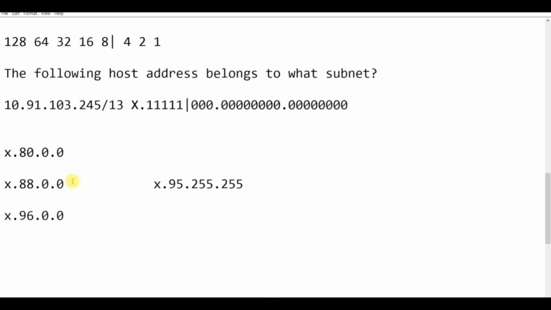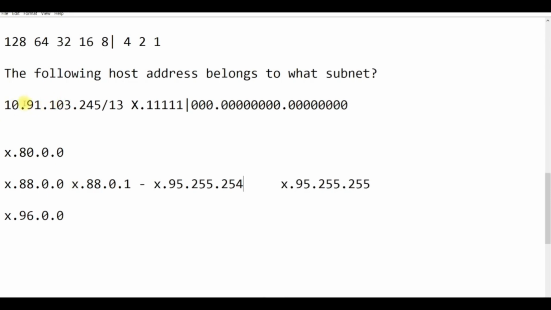So what is the range of addresses that we have? Well, we have x.88.0.1 through x.95.255.254. And let's bring this broadcast ID a little bit closer.